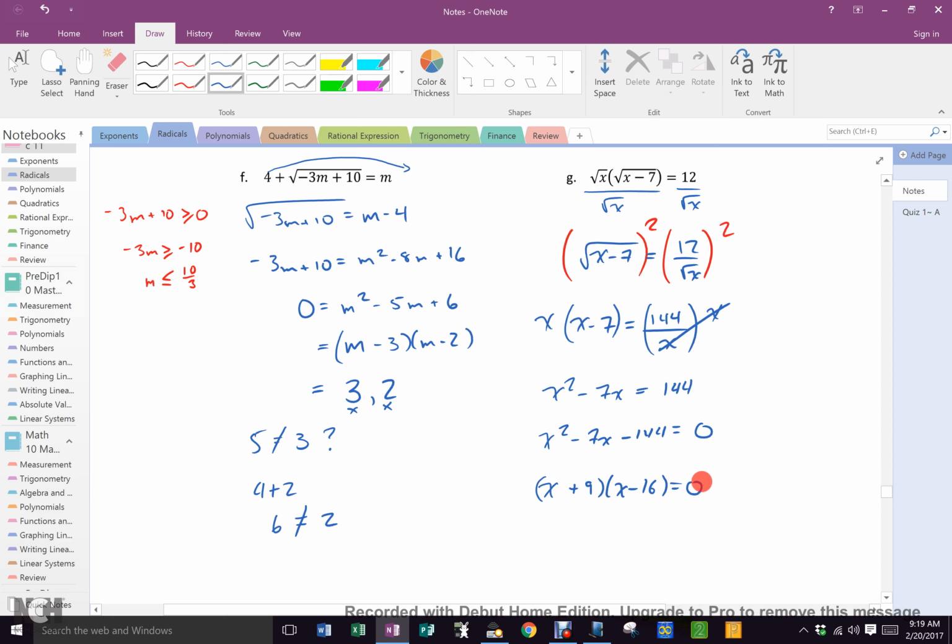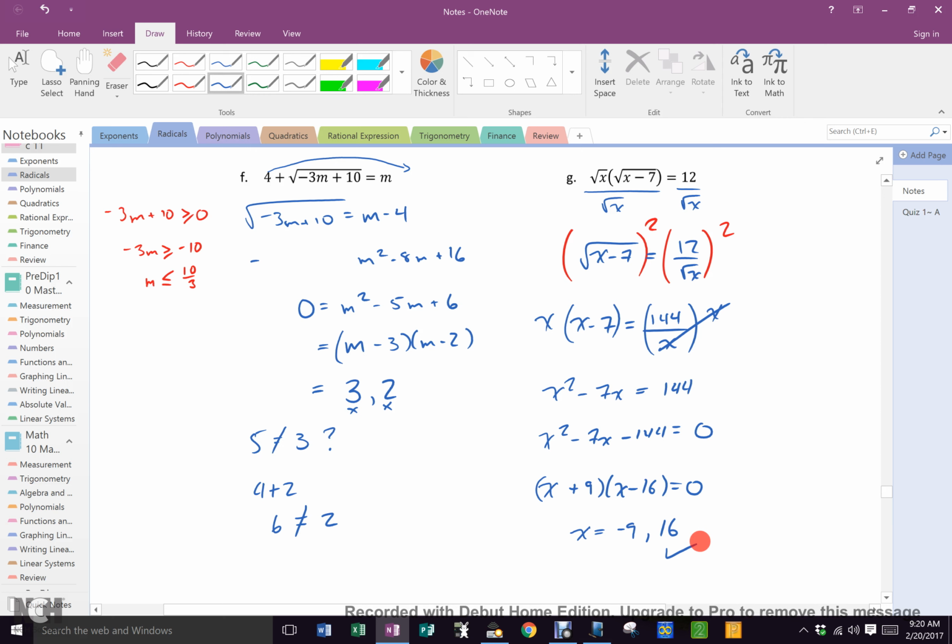So what are the x choices? Minus 9 or 16. Mr. Myers, can you check this? No. Joel, can you check that? Yes. Which is correct? Which is correct? 16 is correct, and negative 9 is wrong.